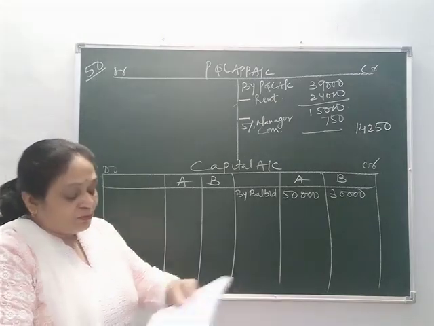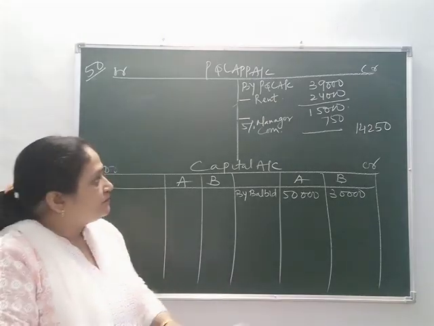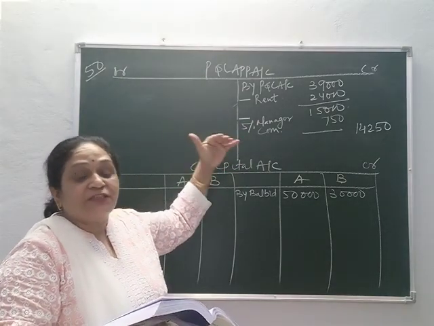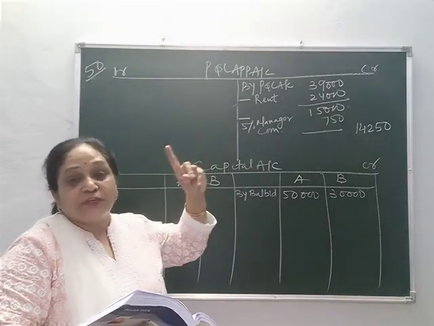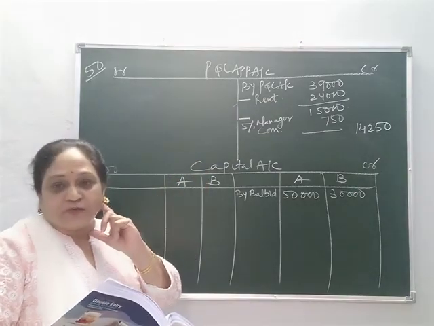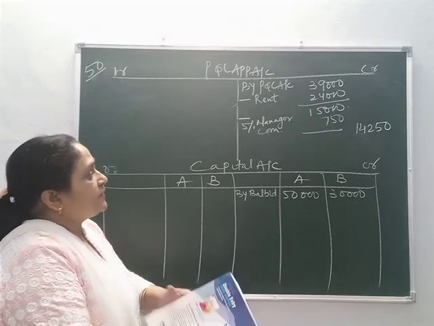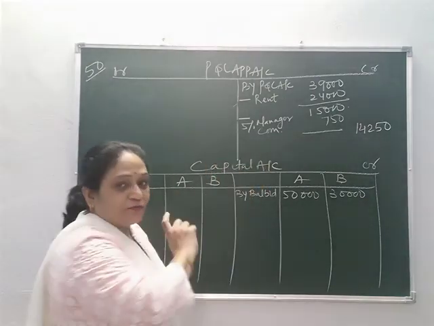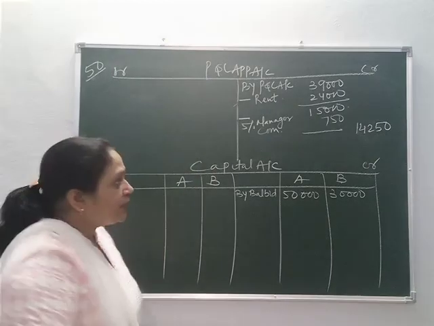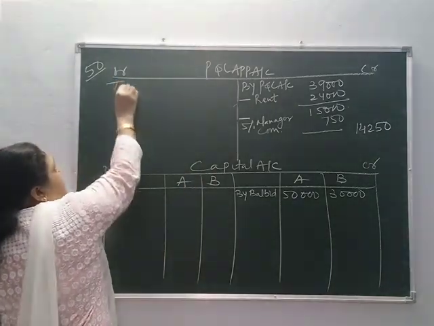Okay. So after this, have you understood it? Why did we subtract rent and manager's commission from the profits first? Because they are the charge against the profit. Okay. So we are subtracting that. 14,250 is the net profit which is transferred to the P&L appropriation account. Now interest on capital.